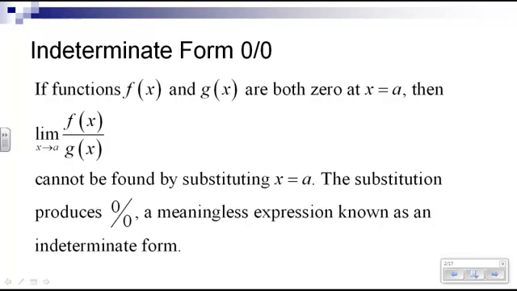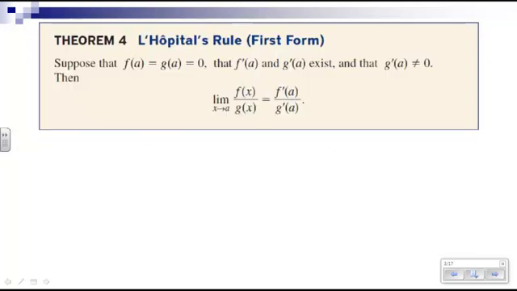Okay. So we first described where it is that we're going to use L'Hôpital's rule. The second thing we have to do is ask what L'Hôpital's rule is. What is this procedure that's going to allow us to choose winners versus losers in this battle of 0 versus 0? Here's L'Hôpital's rule.